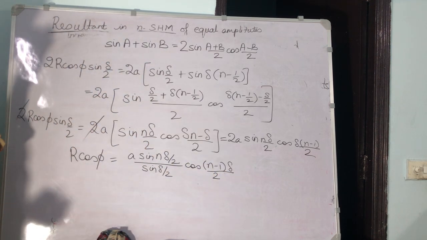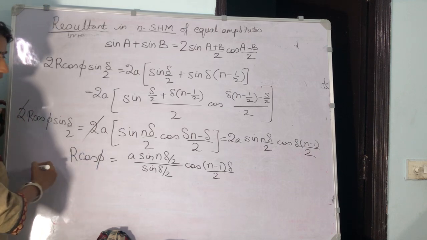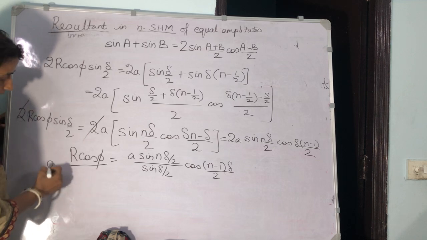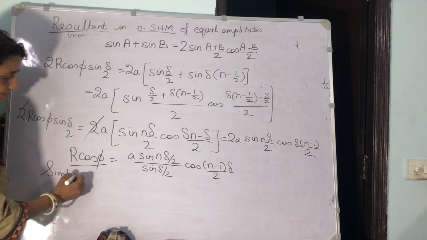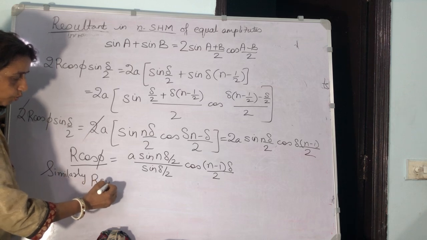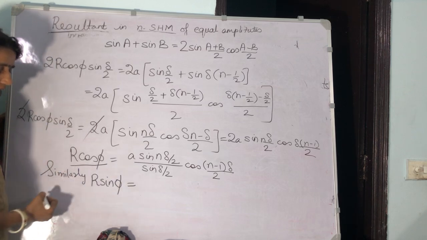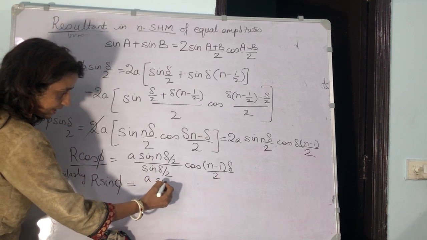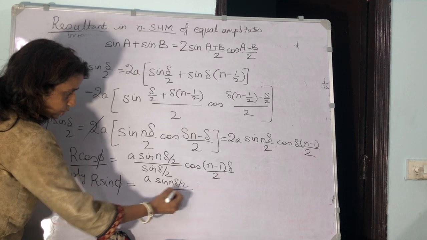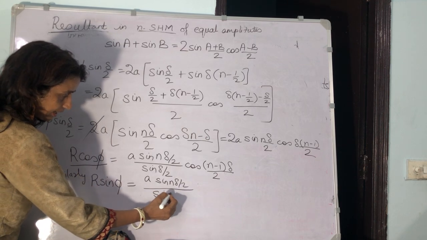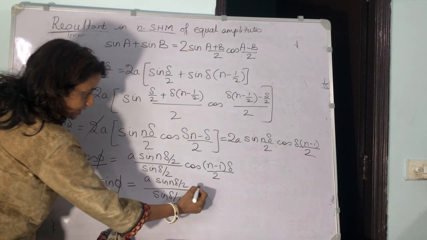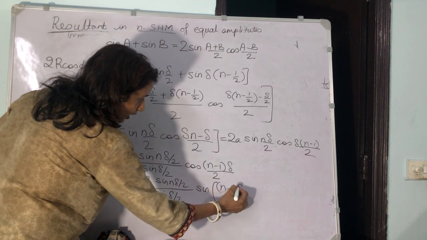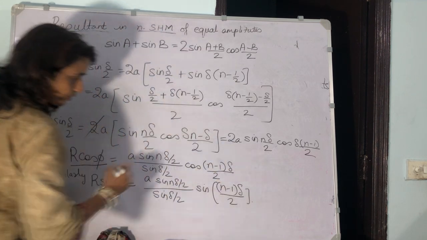Now, these are the resultant due to horizontal components. Exactly in a similar manner, resultant due to vertical components will be r sin φ is equal to a sin(nδ/2) divided by sin(δ/2) sin((n−1)δ/2).